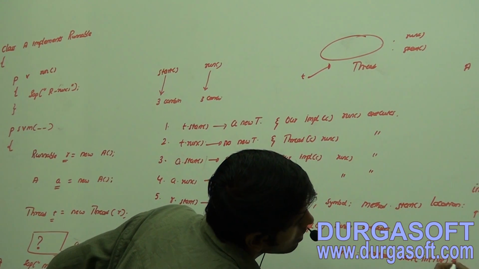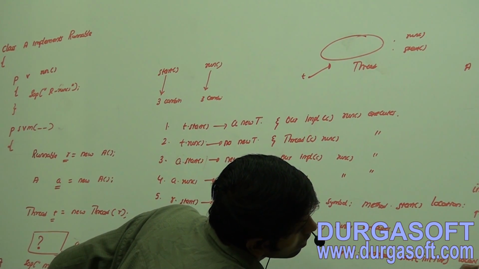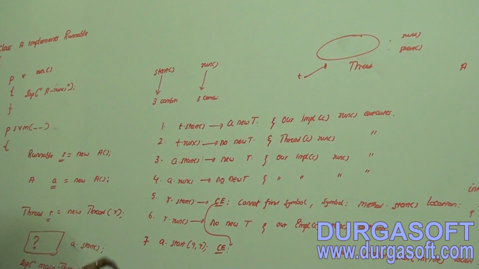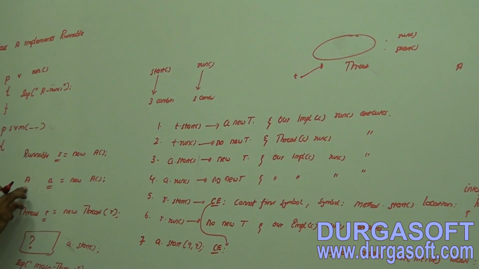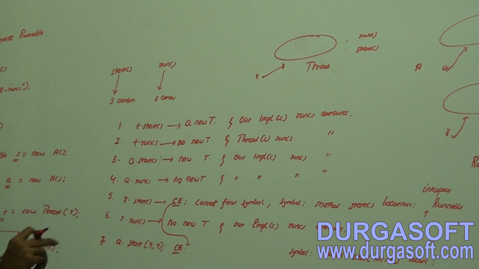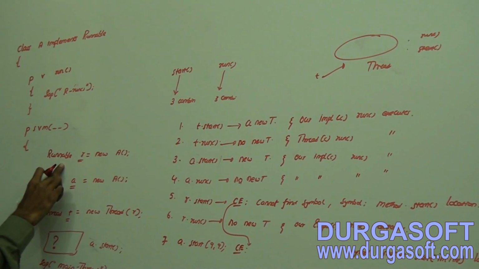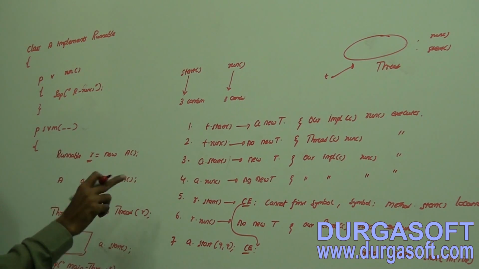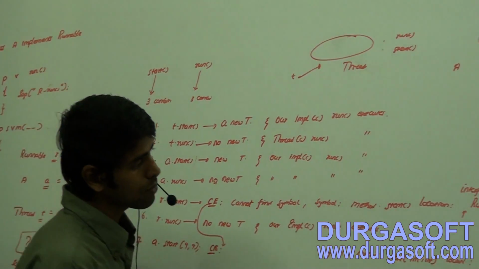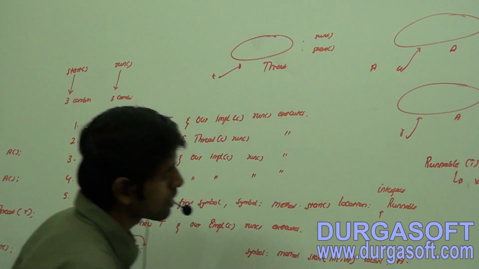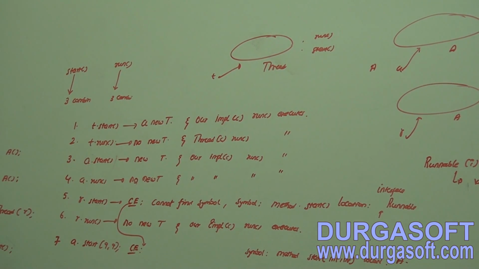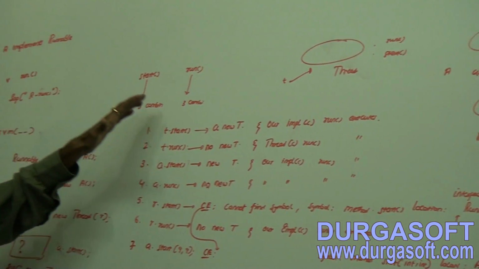Another one is the location. What is the type of this one? A, in class A. That's very important. In the earlier case, the location was interface. Now the location will be class A. This is the analysis related to our thread which implements the Runnable interface.